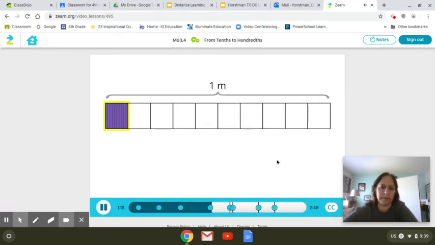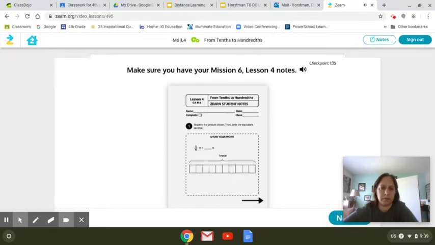This is 1/10 meter, and this is 10 hundredths meter. They take up the same amount of space, so 1/10 meter equals 10 hundredths meter. I can write that in decimal form like this. Try one on your own.